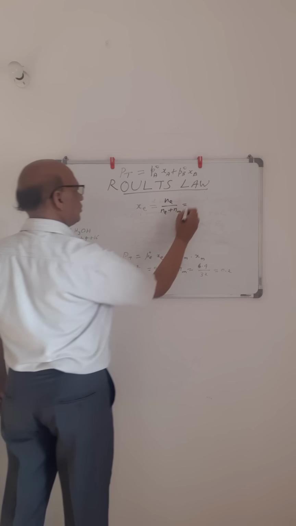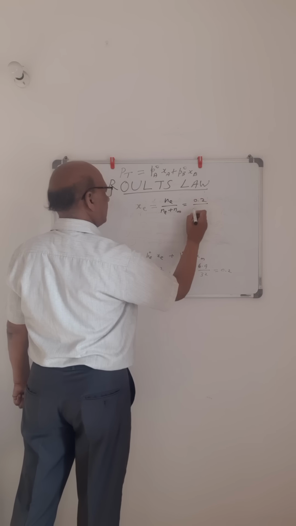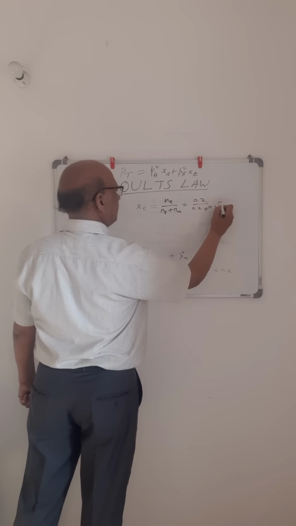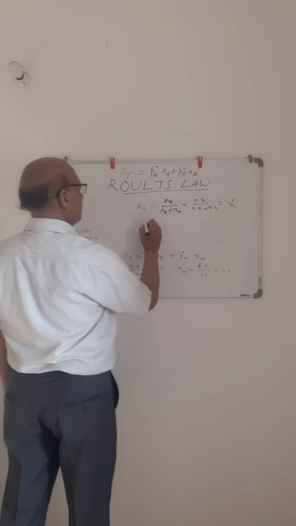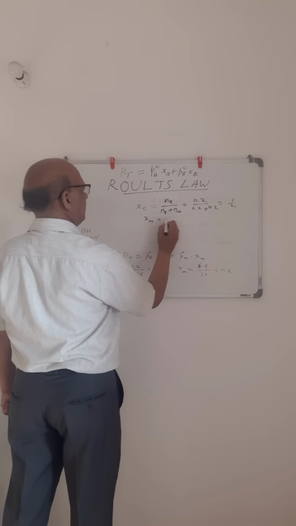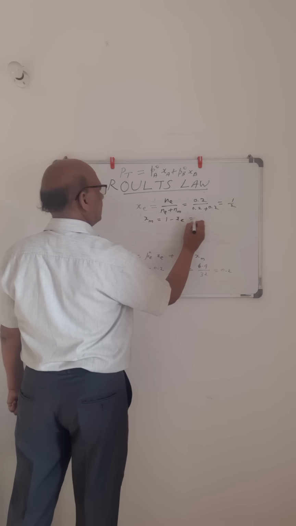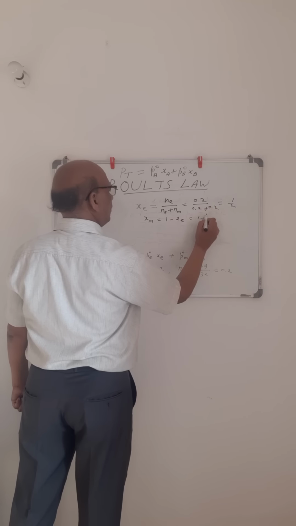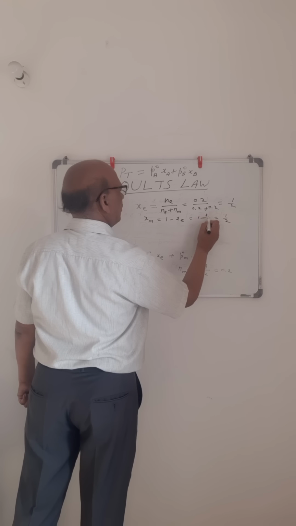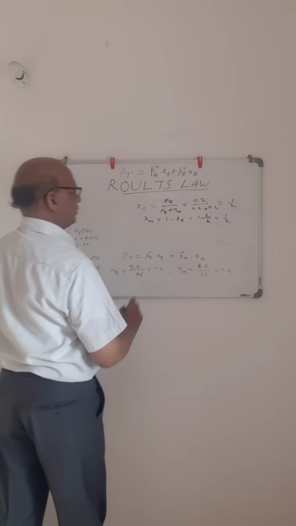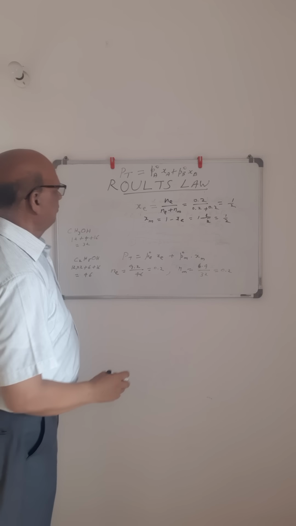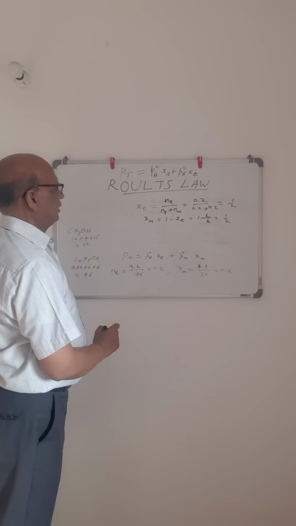Number of moles of ethanol was 0.2 divided by 0.2 plus 0.2, that will be half. Similarly, the methanol mole fraction will be 1 minus Xe, that is 1 minus half, and it will be equal to half. Okay, so we can say it is an equimolar solution, because both mole fractions are equal.